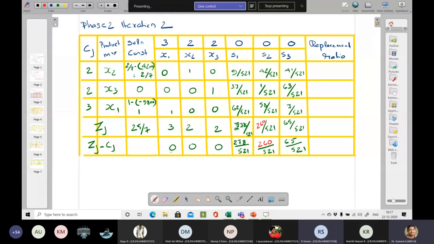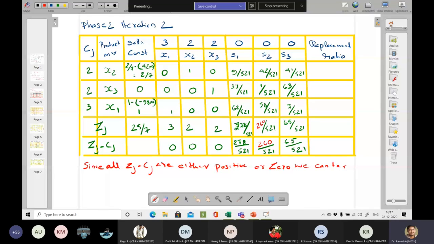Since all Zj minus Cj are either positive or zero, we can terminate phase 2.